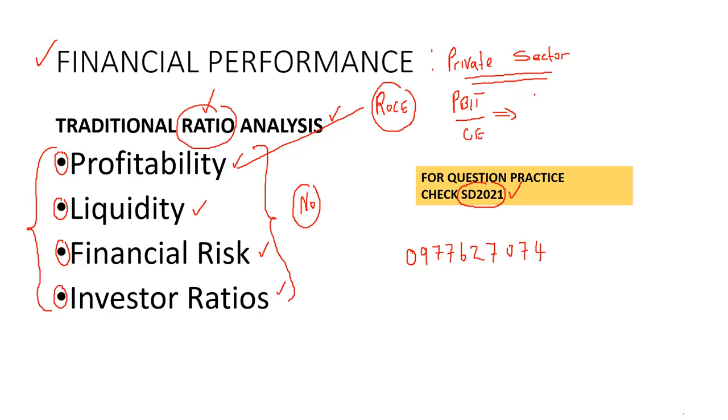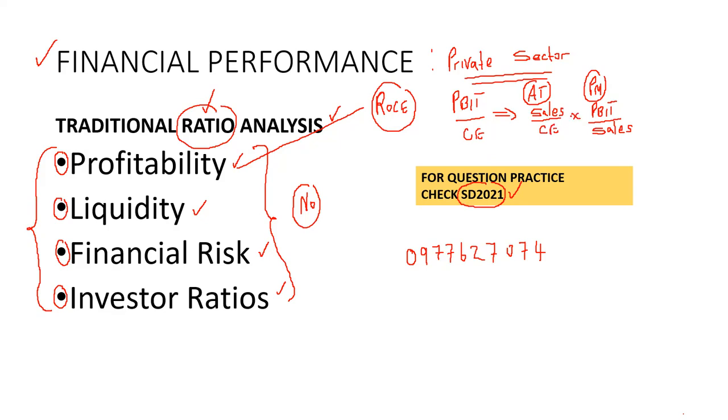That is asset turnover, and also your profit margin: profit before interest and tax compared to your sales, and your sales over your capital employed.